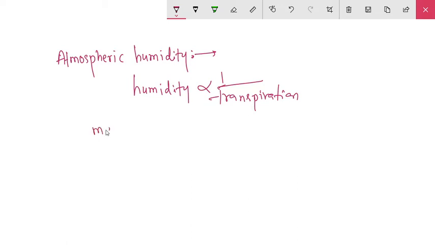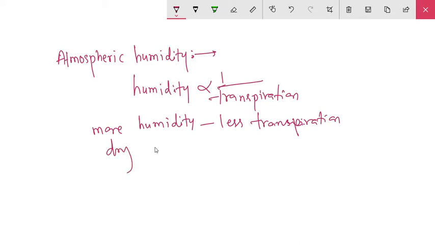That means more the humidity, less the transpiration. And if there is dry air, when there is less humidity, the rate of transpiration is more.